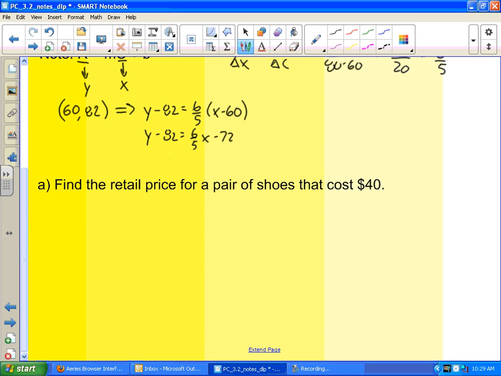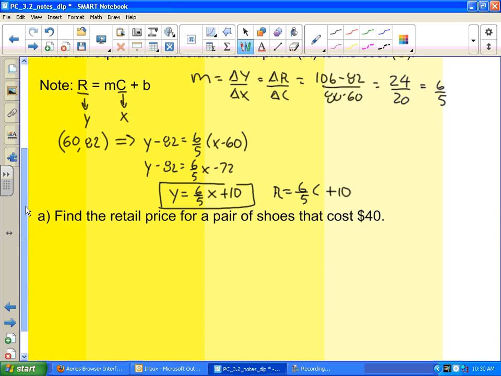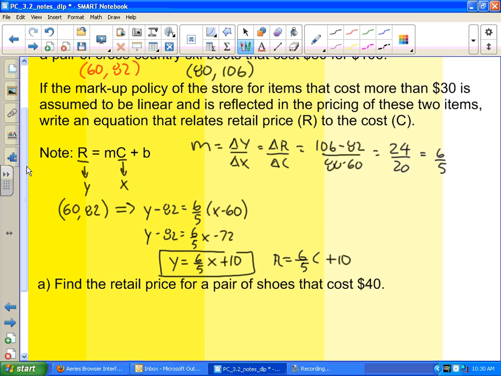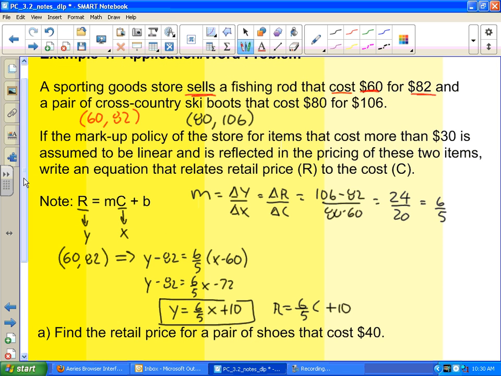Then move the 82 to the other side. We get 6 fifths x plus 10. Is that what you guys ended up with? Yes. So that would be r and c. R would equal 6 fifths c plus 10. So there's the equation that I have for this particular comparison between these two items.